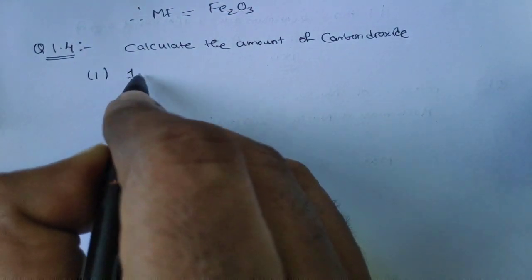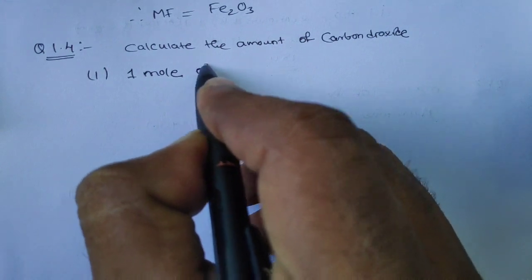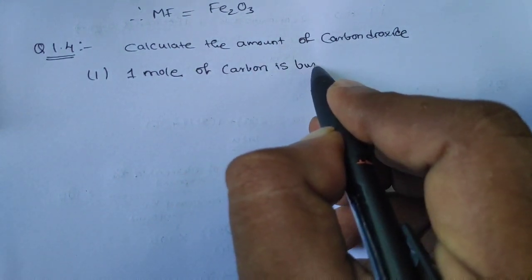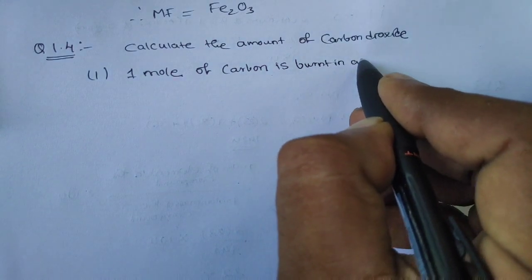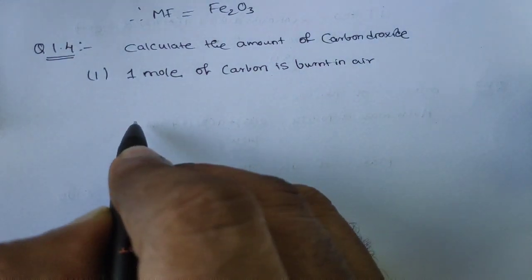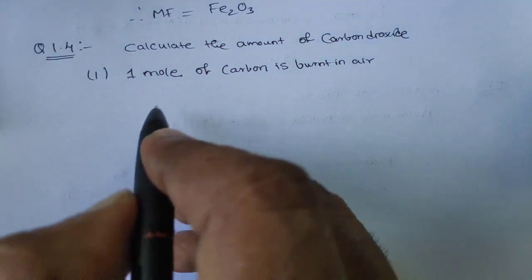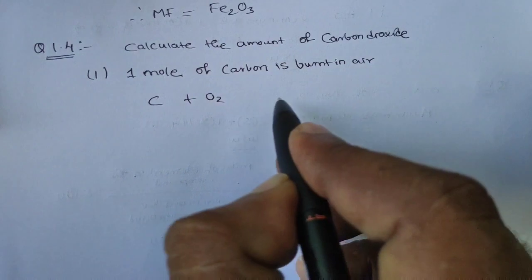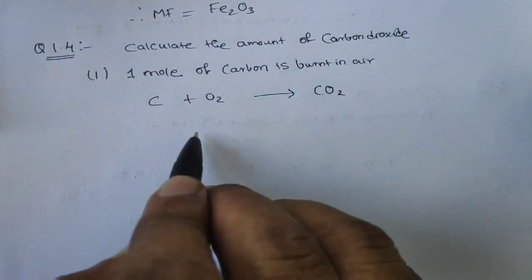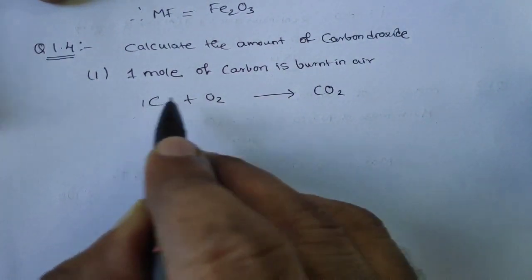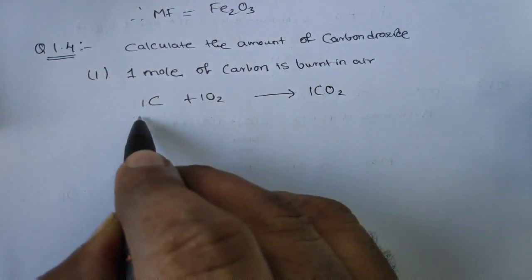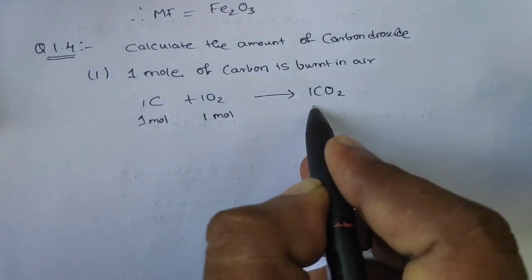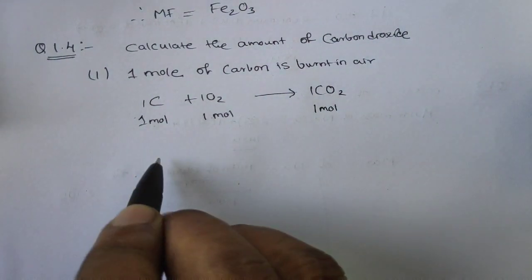The first one is 1 mole of carbon is burned in air. Understood? So when 1 mole of carbon is burned in air, you see the solution for this. C plus O2 gives you CO2. Right? Nothing else is there, so I can write 1. So 1 mole of carbon reacts with 1 mole of oxygen to give 1 mole of CO2.